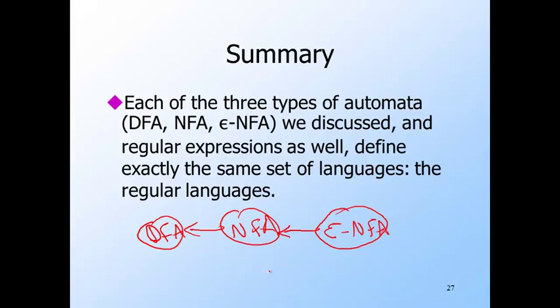And earlier in this lecture, we showed that any regular expression can be converted to an epsilon NFA. And now we just showed that every DFA can be converted to a regular expression. That says any language defined by any one of these four notations is defined by all the others.